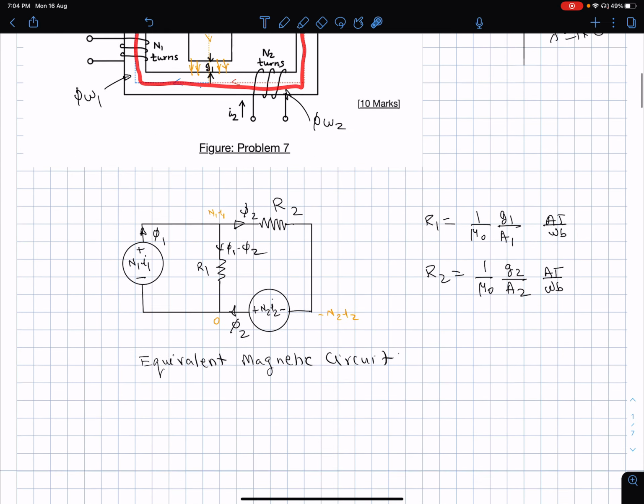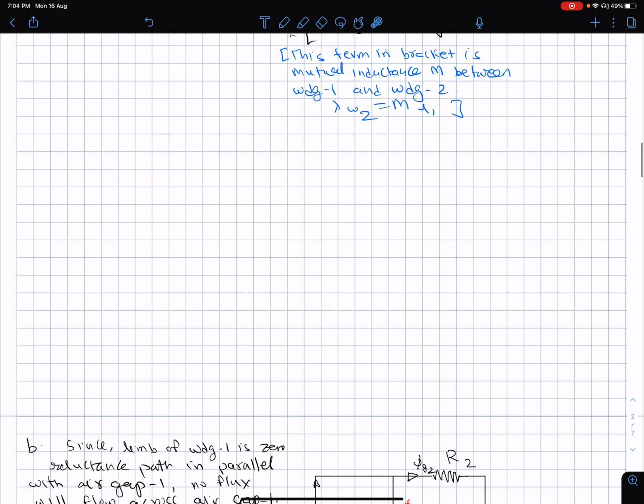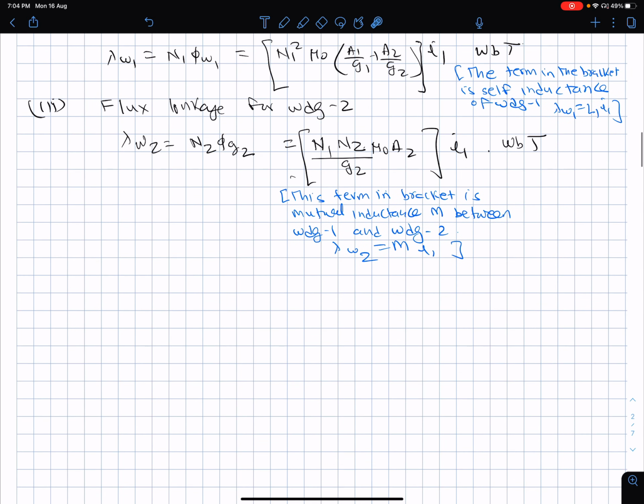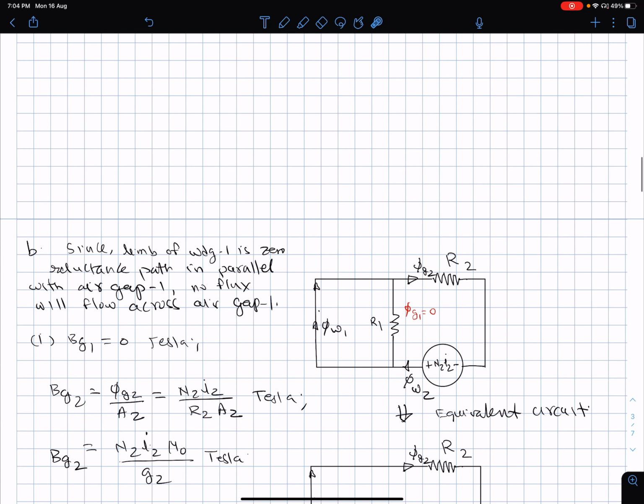So it depends only upon G2 and A2, and this is what you get. All right, great, so far so good. Flux linkage unit is Weber turn, because flux is in Webers, times the number of turns.